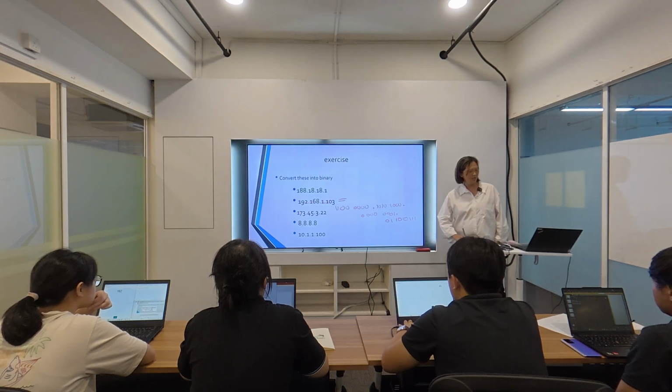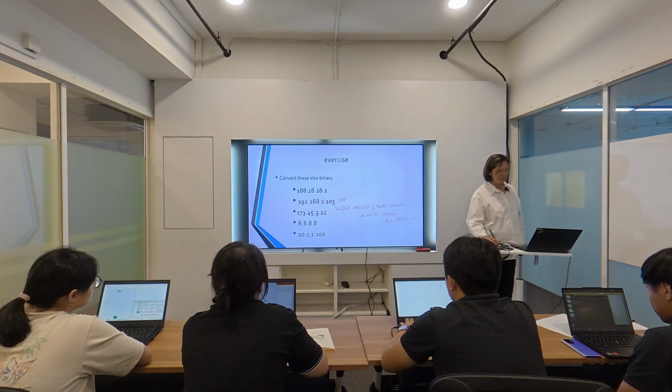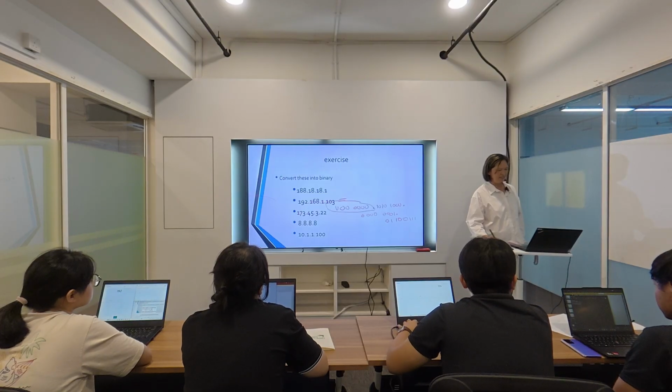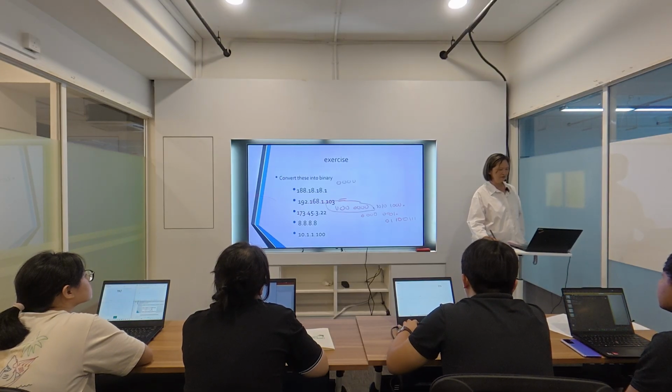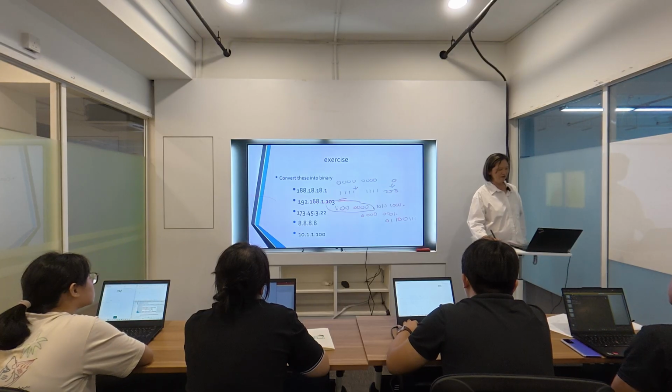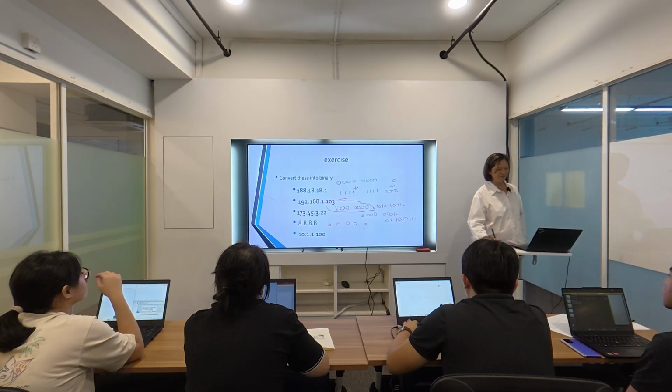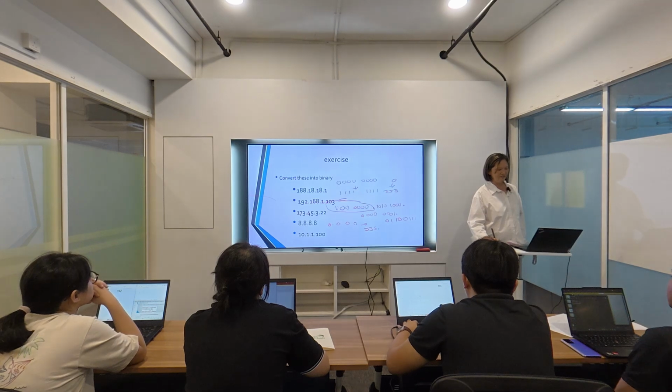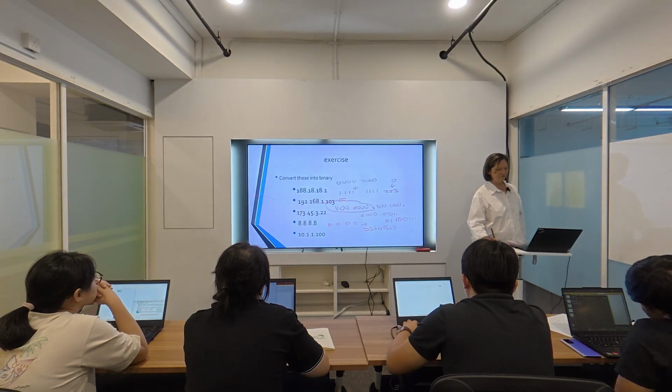So you can see the range of every octet is all 0s to all 1s, correct? So therefore in decimal it is 0 to 255. So technically you can have 0.0.0.0 IP up to 255.255.255.255.